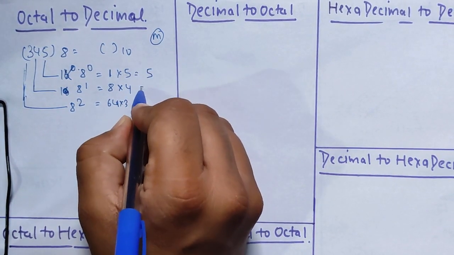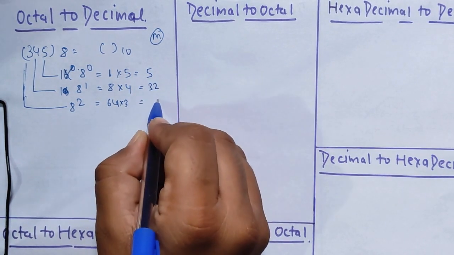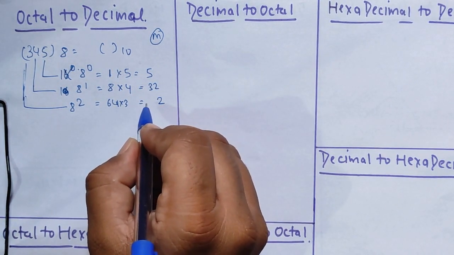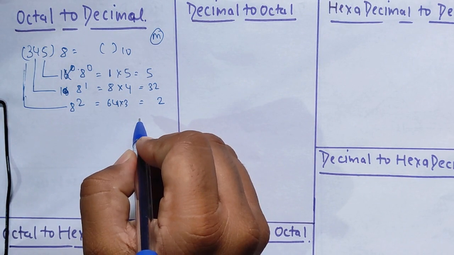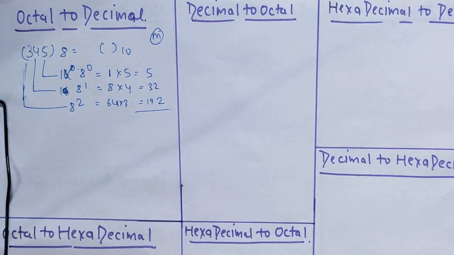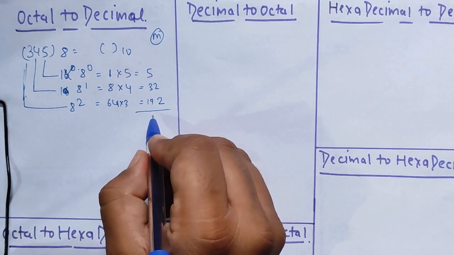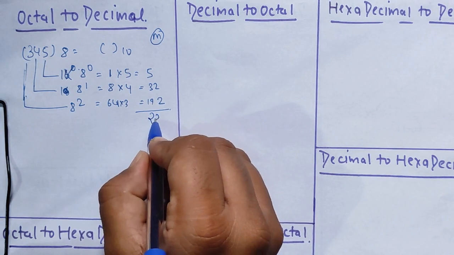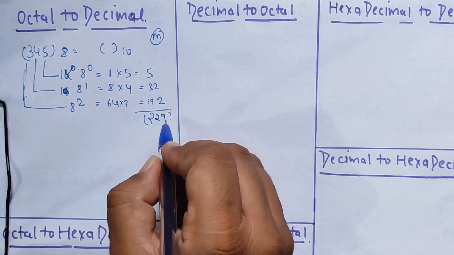It will be 5, it will be 32, and it will be 192. Now if I add these numbers, it will be 229.